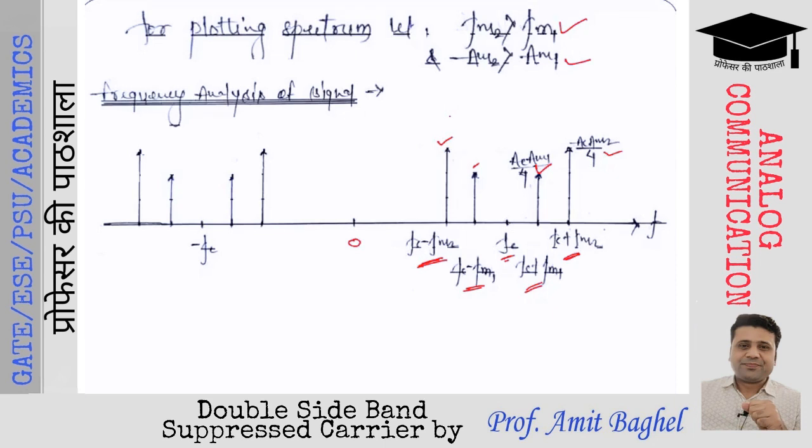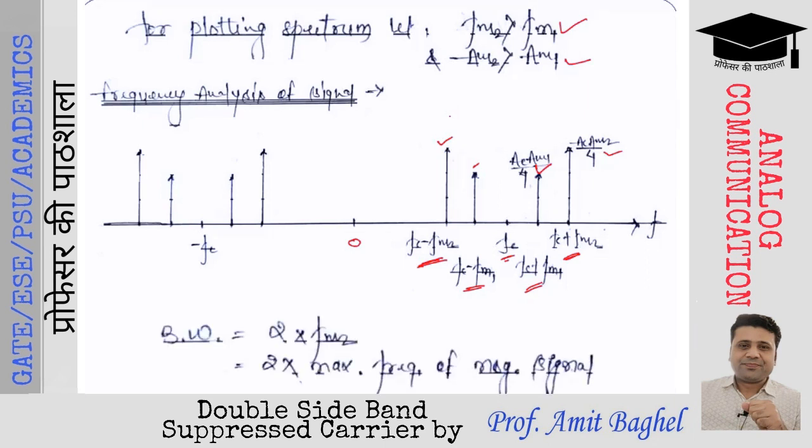Okay, so this is the spectrum. The spectrum on the positive side, the same spectrum you are going to observe and analyze at the negative frequencies as well. What is the bandwidth of the modulated signal in this case? The bandwidth will be 2 times fm2. fm2 means the higher frequency of the message signal, and we are going to get that frequency only.